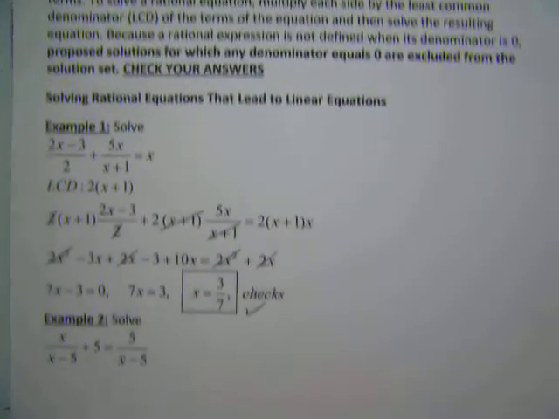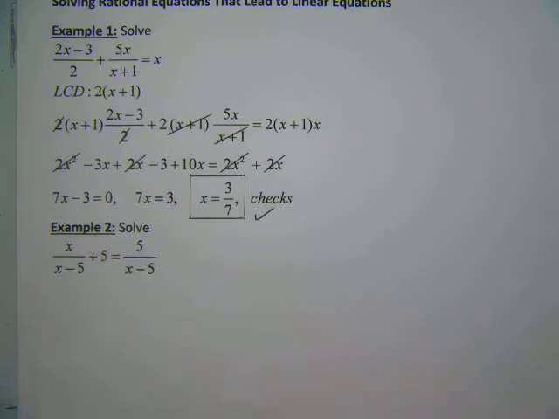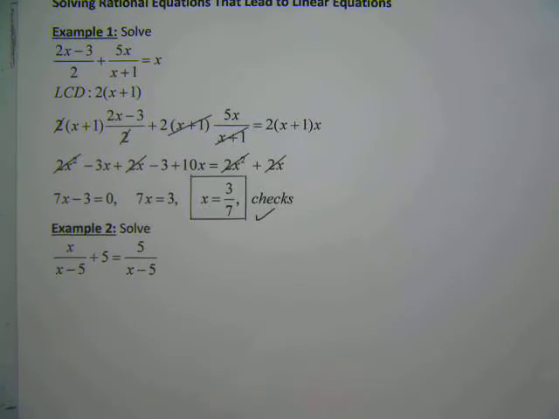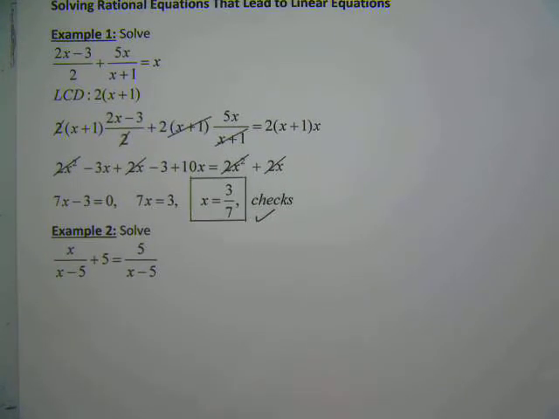Since it's a rational equation and we have x in the denominator, we cannot divide by 0. So when we get an answer, we need to check to make sure that the answer doesn't make the denominator 0.